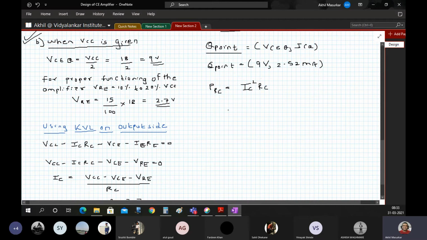So IC is 2.52 into 10 raised to minus 3, the whole square, into 2.5 into 10 raised to 3.